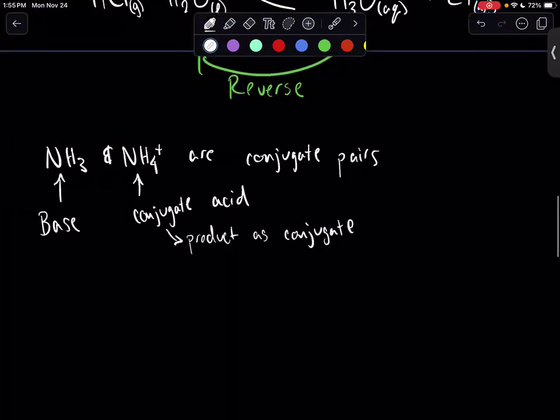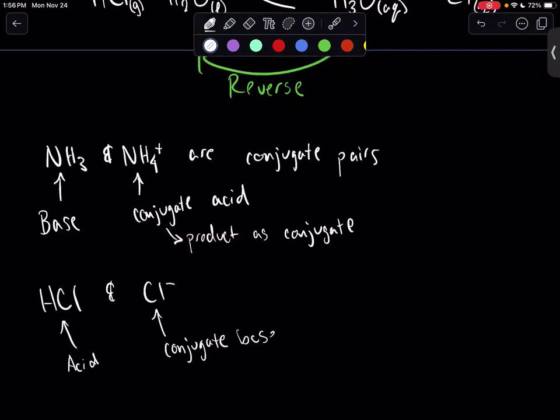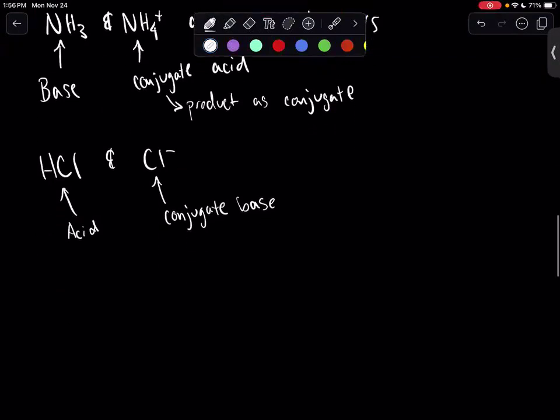And then in our second one, HCl and Cl minus, HCl will be our acid, with our chloride being our conjugate base. So that's kind of conjugate acids and bases and conjugate pairs.